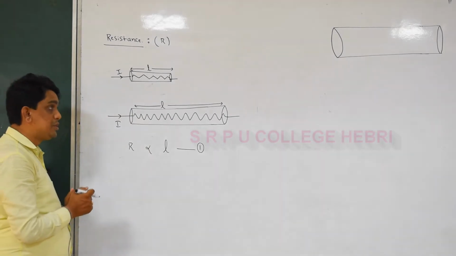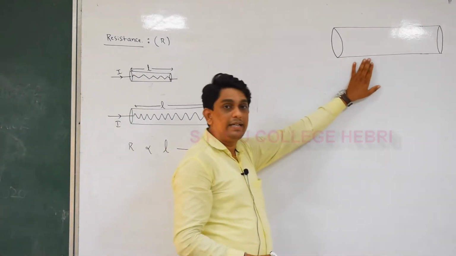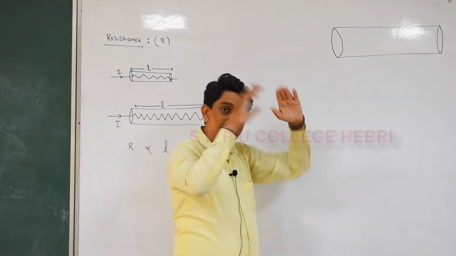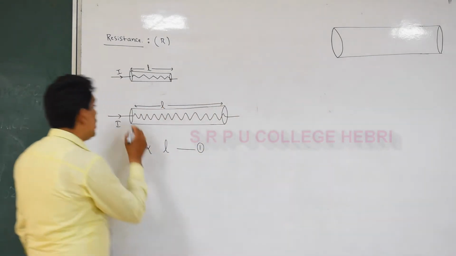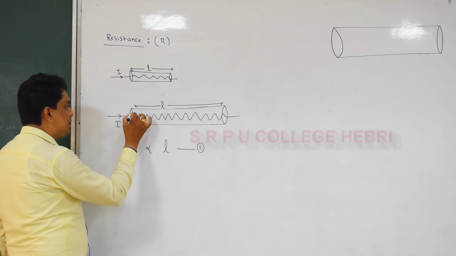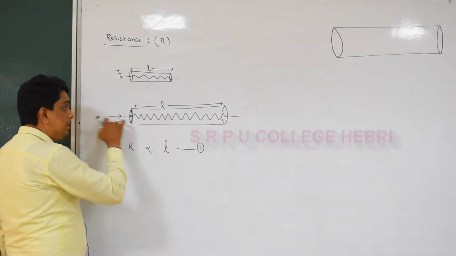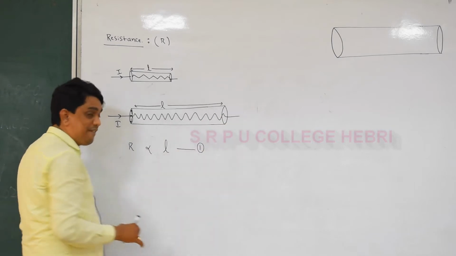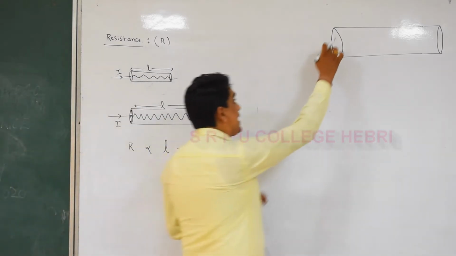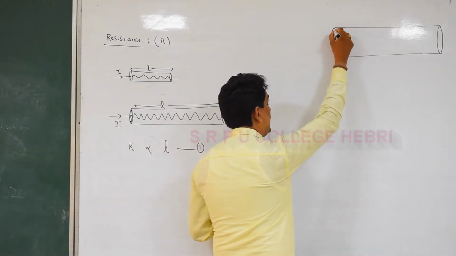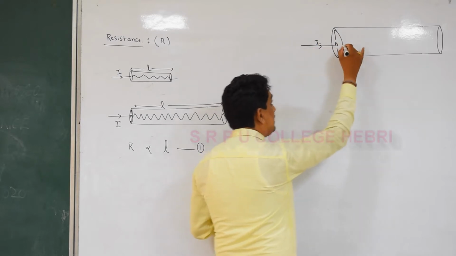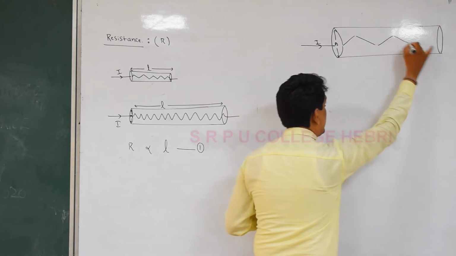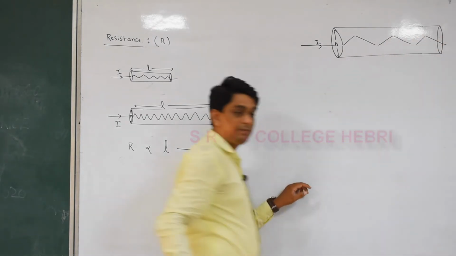Now what I am going to do is take the material whose area of cross section is too large. You look at this: when the area of cross section was small, there was more hindrance to the flow. When the area of cross section of the material is large, to the flow of current, the resistance or hindrance will be less.